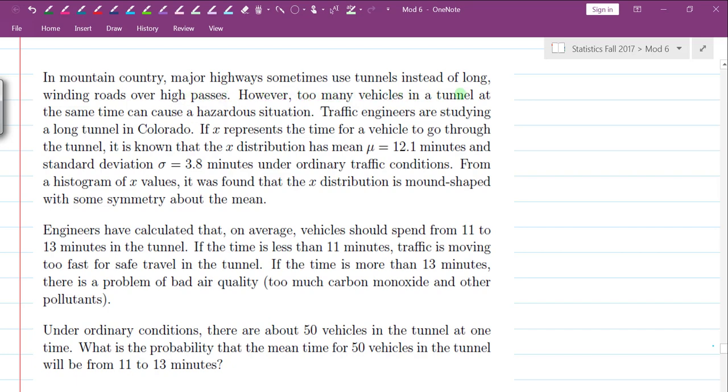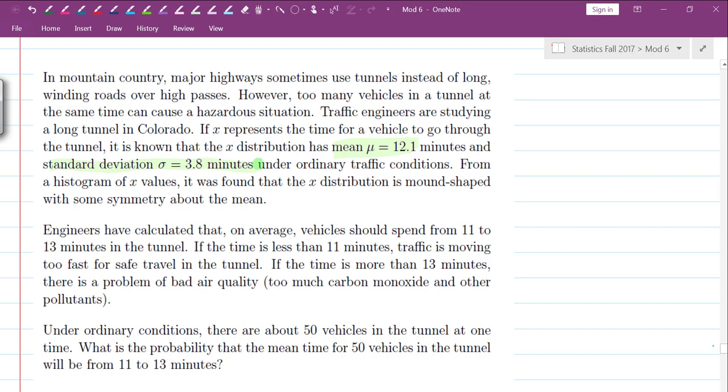Traffic engineers are studying a long tunnel in Colorado. If X represents the time for a vehicle to go through the tunnel, it is known that the X distribution has a mean of 12.1 minutes and a standard deviation of 3.8 minutes under ordinary traffic conditions.